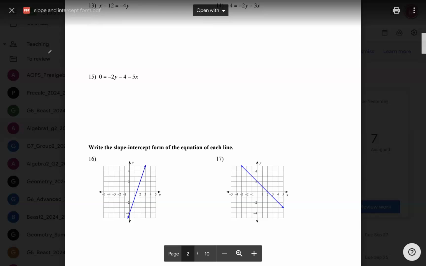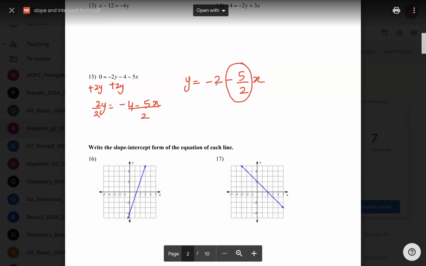So for this one, I did 2 over 5 is the slope, but because I moved 2y on both sides, 2y equals negative 4 minus 5x. Divide by 2, divide by 2. So y will be equal to negative 2 minus 5 by 2 x. So what is your slope? Minus 5 by 2.